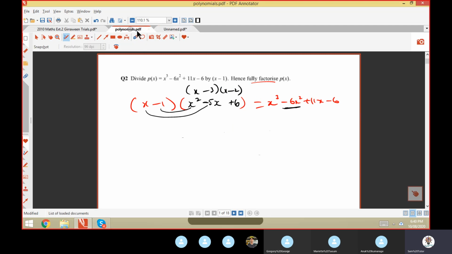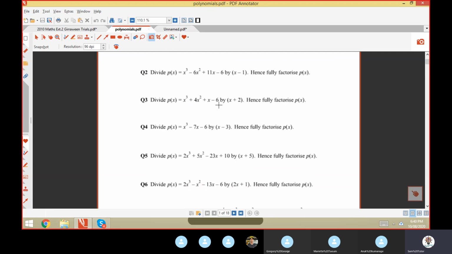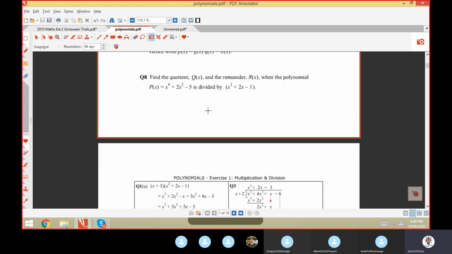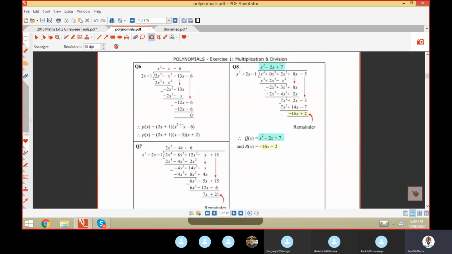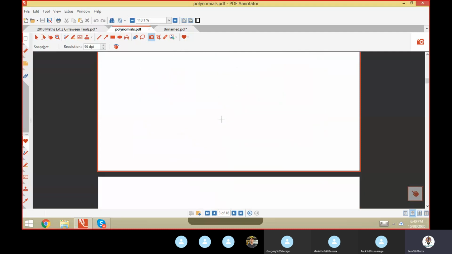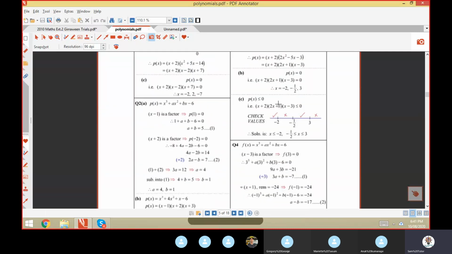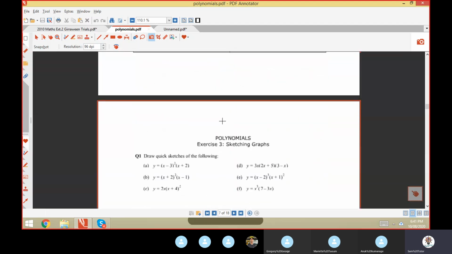Now, if I didn't know if there was going to be remainders or not, let's say, yeah, I guess we could do that one. These are all zeros. Set those in.